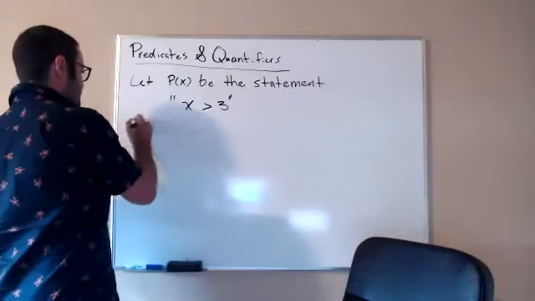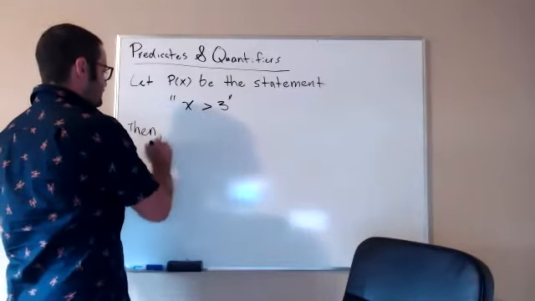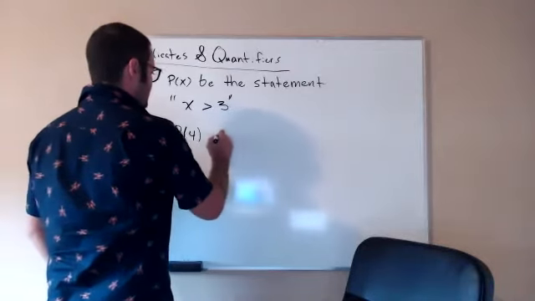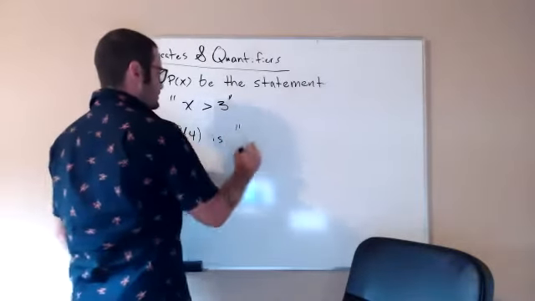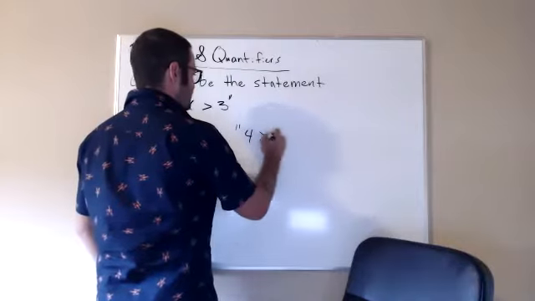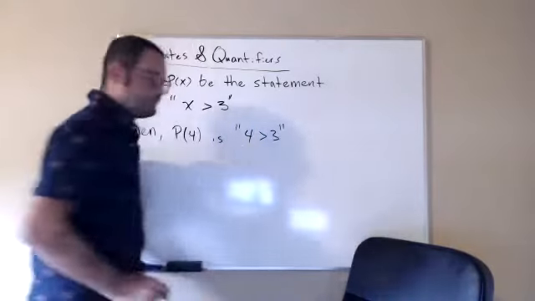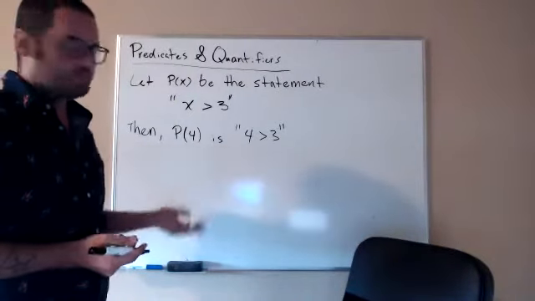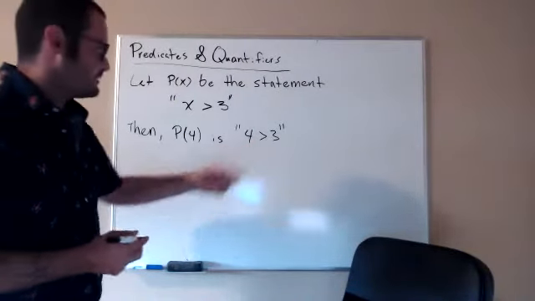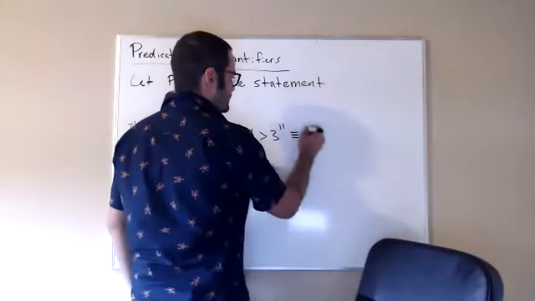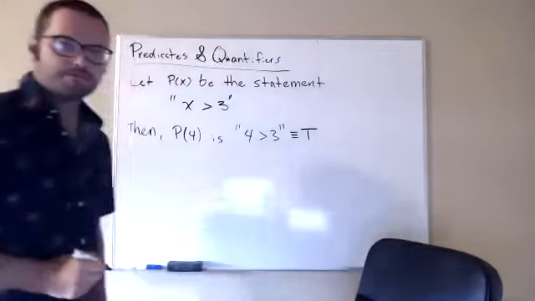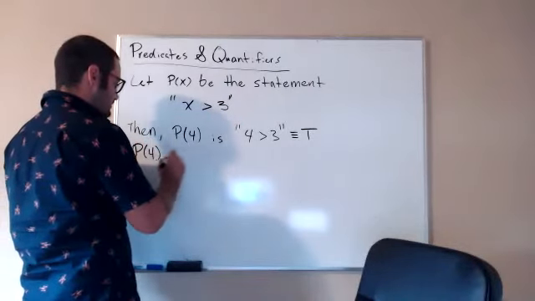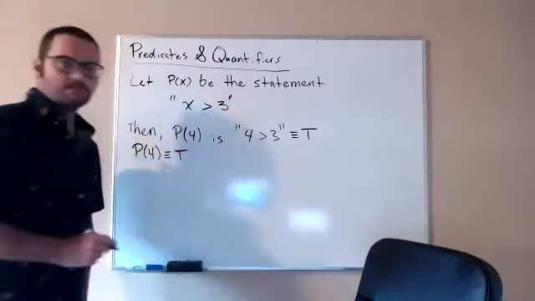So then, for example, P of 4 is the statement 4 is greater than 3. Now, this is a proposition, and we can evaluate the truth value. In this case, it happens to be true. So in other words, we can say P of 4 is true.